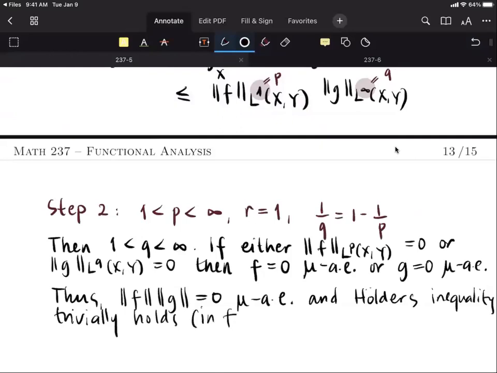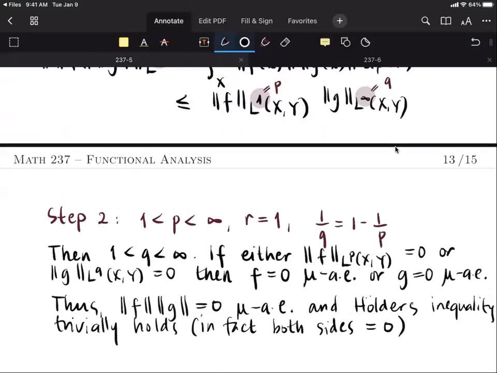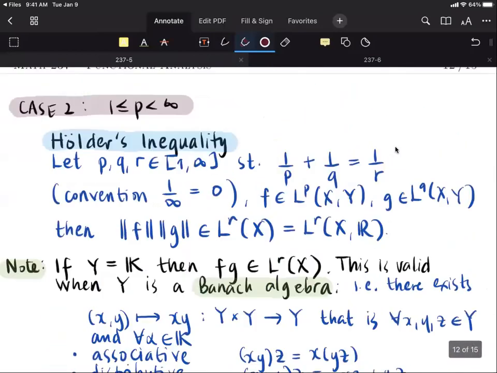In fact, both sides of the inequality are equal to 0. Okay, because if this is 0, then the L1 norm or the LR norm is 0, and the product is also equal to 0. So going back to that inequality here, okay.